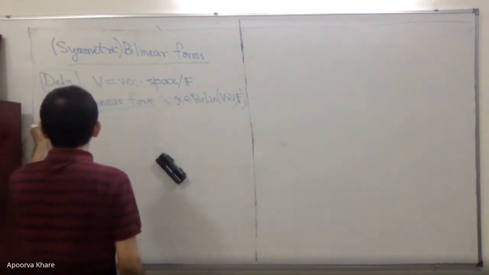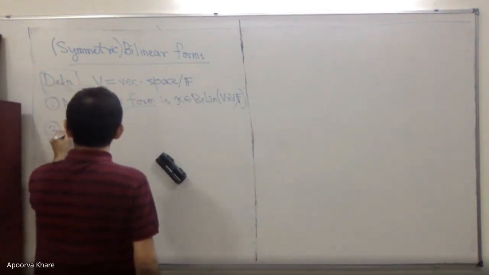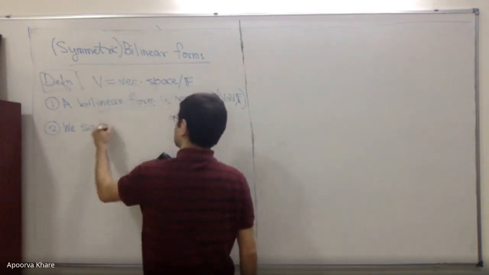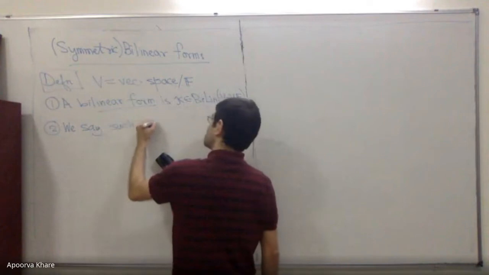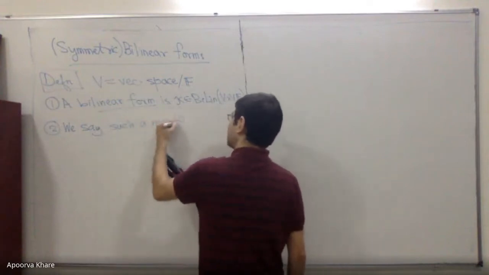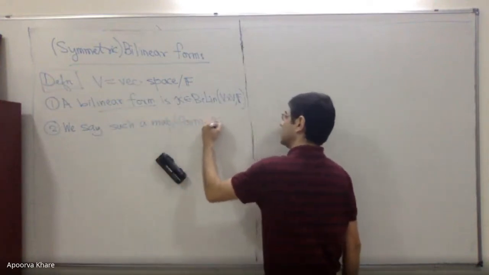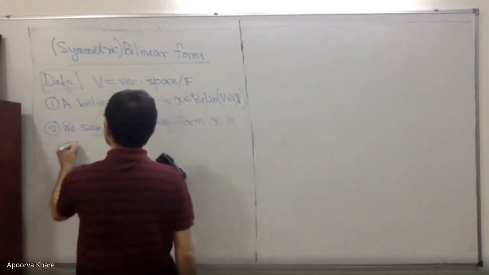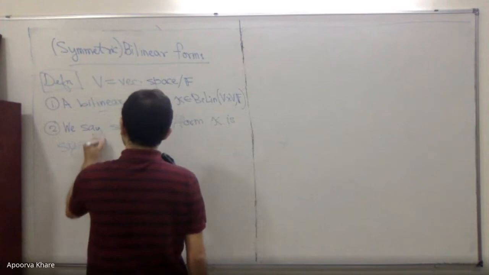And then the bilinear form is symmetric. We say kappa is symmetric if, well, you can guess what it is, right?